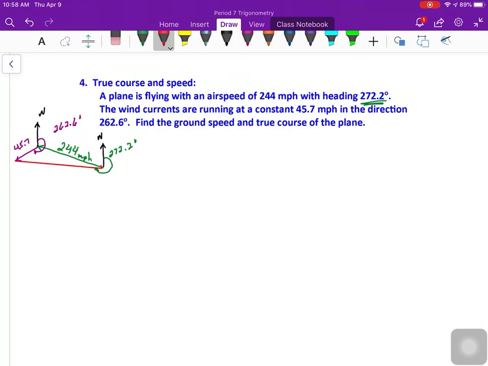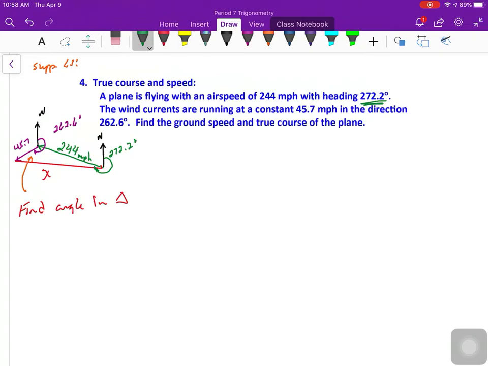And again, the resultant, the true path that we travel on, will be this line right there. So that's our ground speed. And yet again, we're going to have to find an angle in the triangle. And the angle that we're going to try to find is this angle up here.